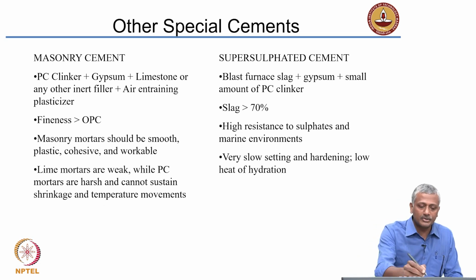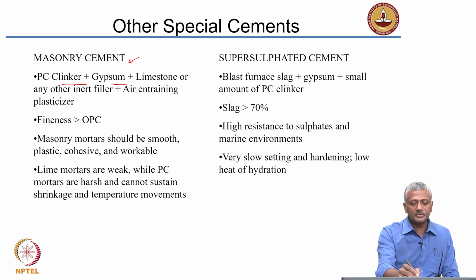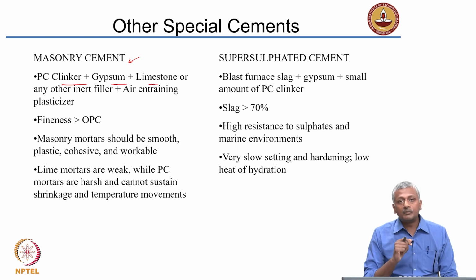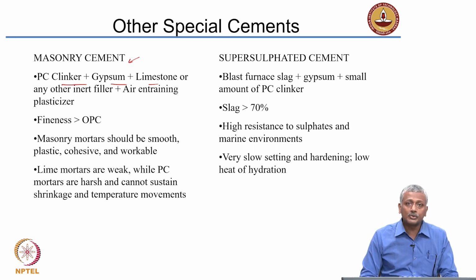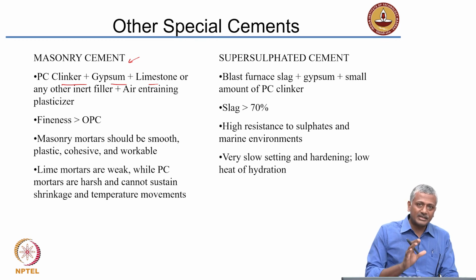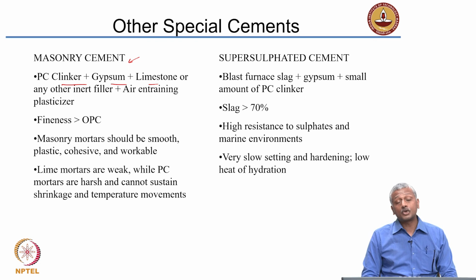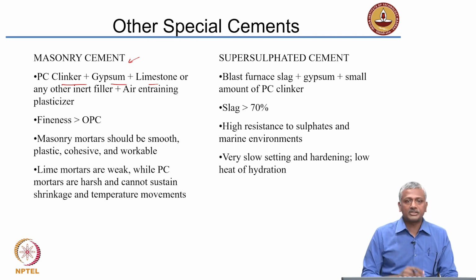You can use what is called masonry cement, and this is a mixture of cement, gypsum and limestone, or sometimes other fillers and also some air entraining agents, which give a very nice consistency and ease of application as opposed to normal cement. Okay. Of course, it does not have as good a strength as your normal Portland cement, but at the same time, it is much better suited for masonry purposes.